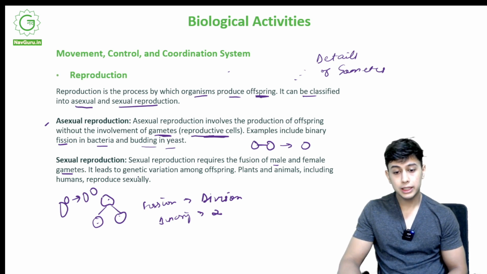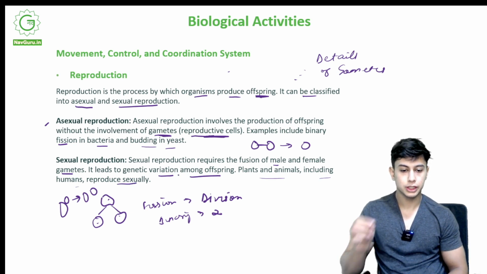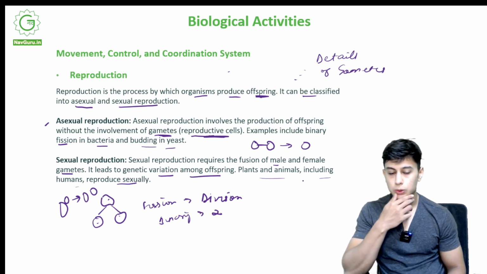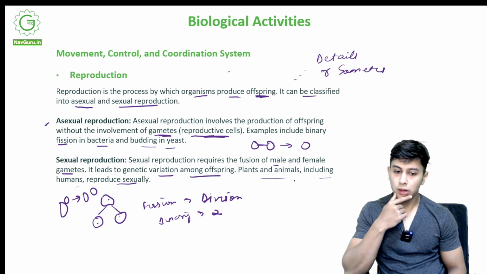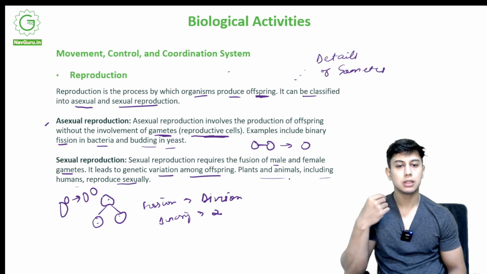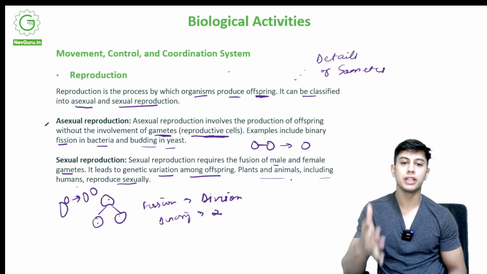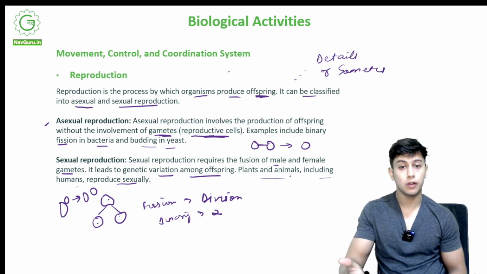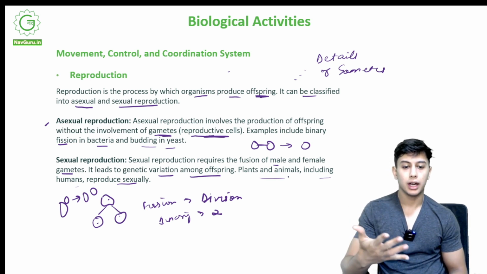It leads to genetic variation among offspring. Plants and animals, including humans, reproduce sexually. So most plants and most animals reproduce sexually because it leads to more variation among offspring: a stronger offspring, a weaker offspring, and more.